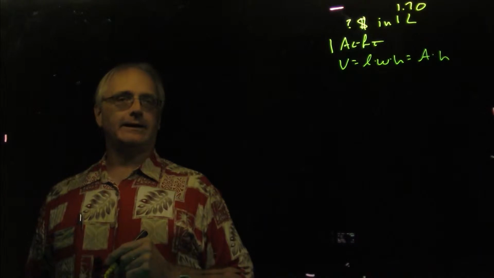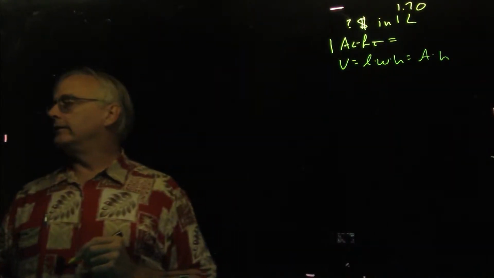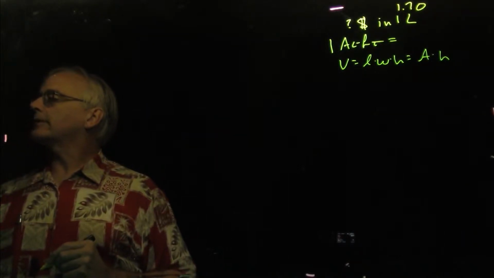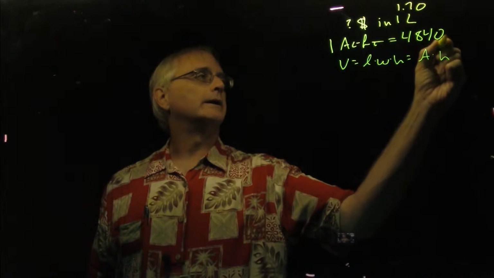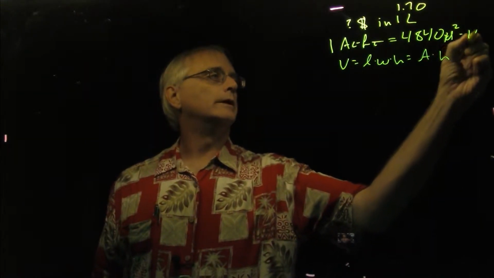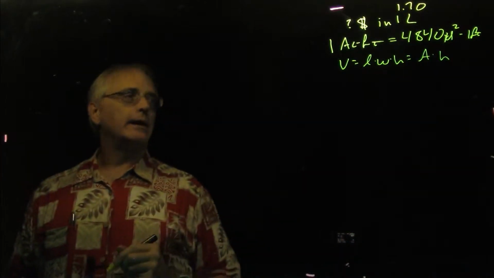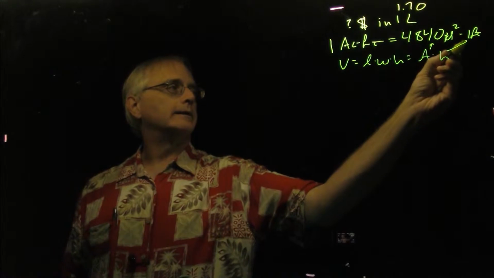In fact, they come right out and tell you the definition of an acre-foot, and there it is, 4,840 square yards in 1 foot depth. There is the area and the height. Square yards area, and there's the height.